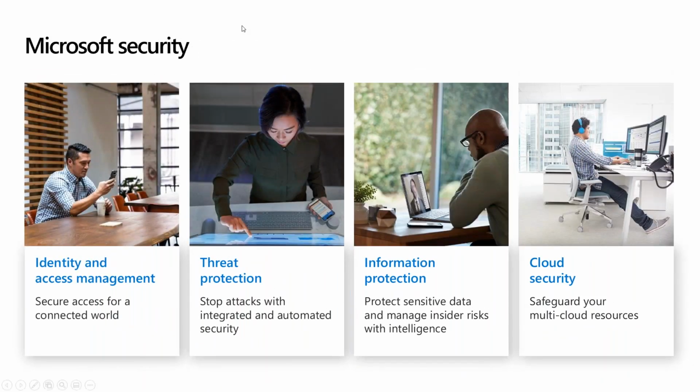From the Microsoft security point, obviously, because identity is the new perimeter, we definitely want to make sure that identity and access management has a solid strategy and implement those and make sure we're tracking against all the best practices.